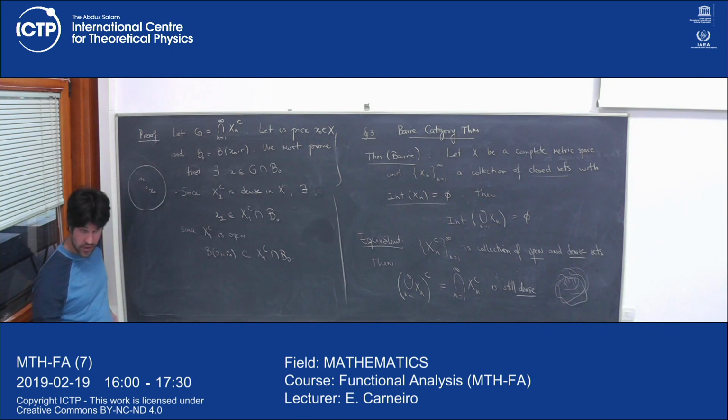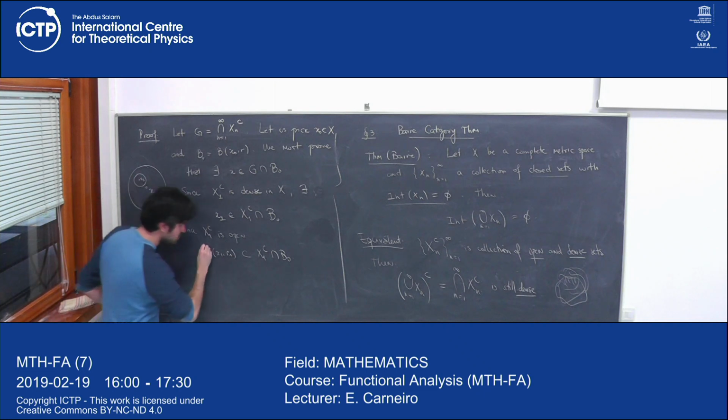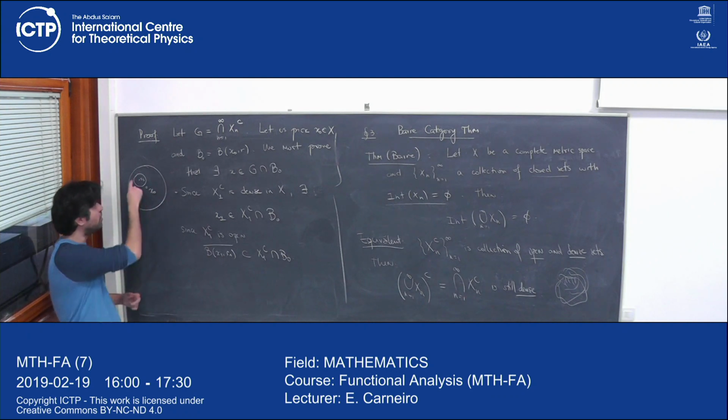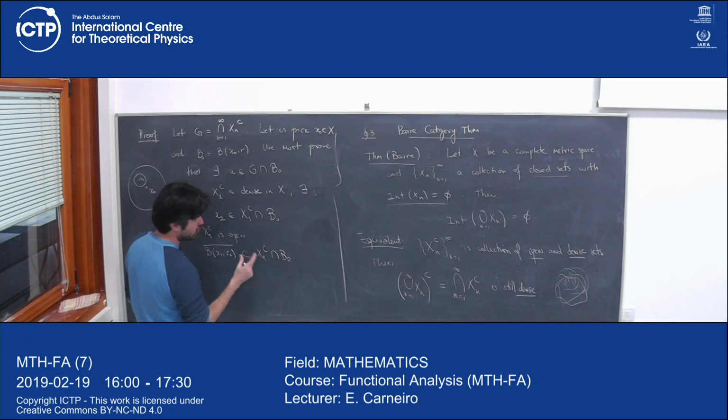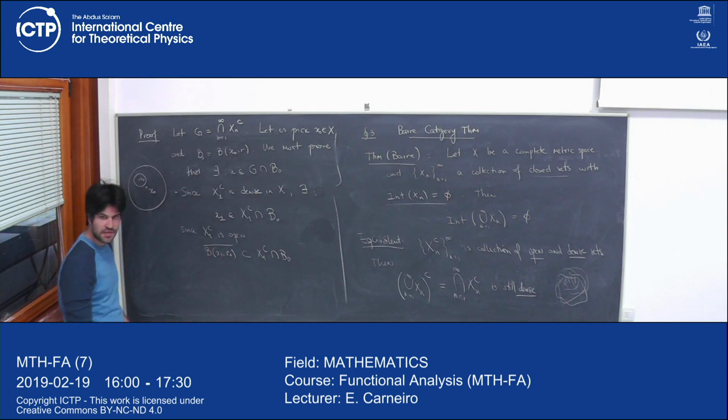I can even make it a closed ball if I want, by just taking half and taking the closure. There's a little ball that is contained in this set. Both are open, so if a point is contained in this set, there's a little closed ball that is contained in this set. Good.